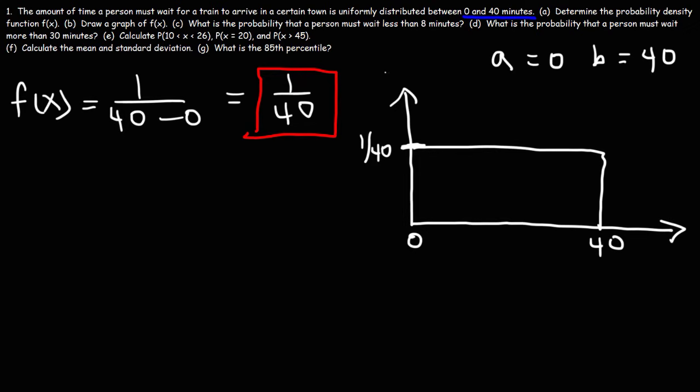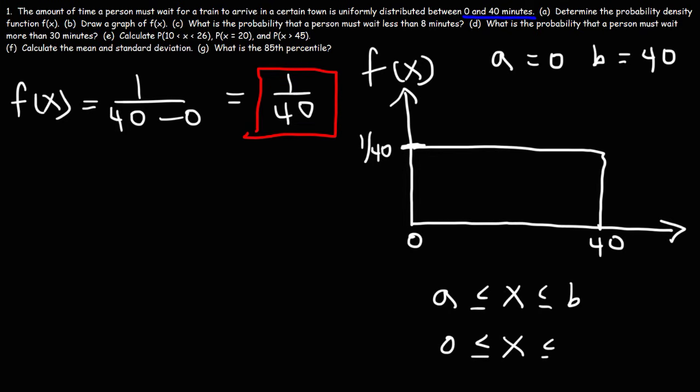And so that is our graph for f of x. It's going to look like a rectangle. That's all you need to do for part B. Now sometimes you may get asked to write the constraint values for x. If you ever get a question like that, just know that x is always between a and b. So in this example, x is between 0 and 40.